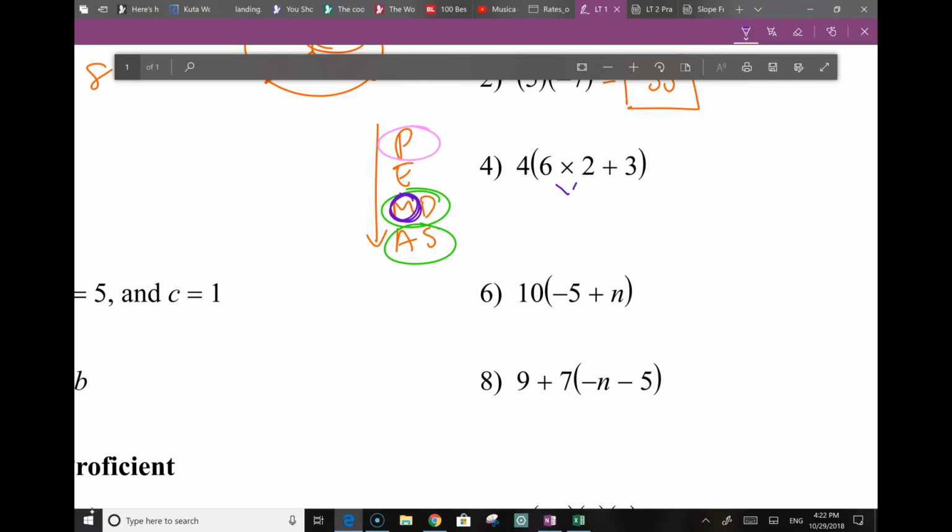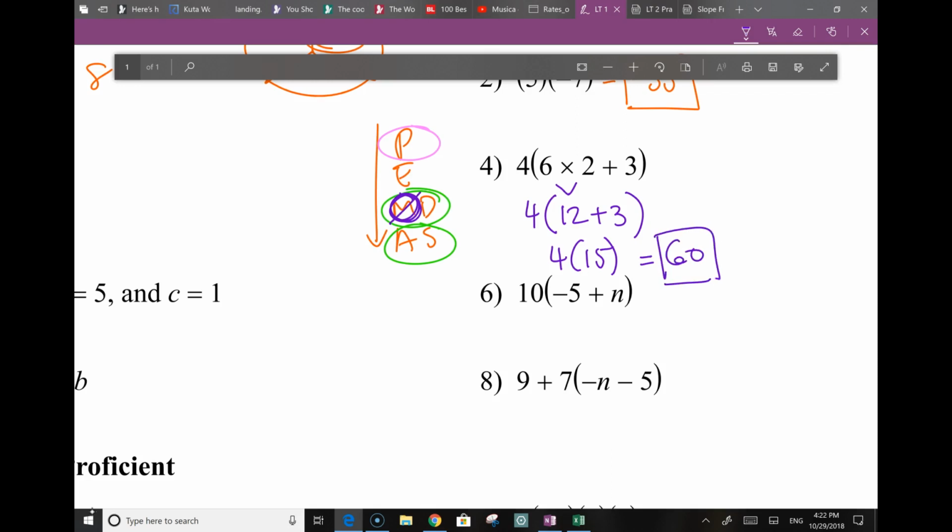So 6 times 2 would be 12. So this is 4 on the outside. Then you have 12 plus 3. Now multiplication is done, at least for the inside, and so I have to now add 12 plus 3. 12 plus 3 is 15. So now I have 4 times 15. And the last step is to multiply 4 and 15, and the answer would be 60.